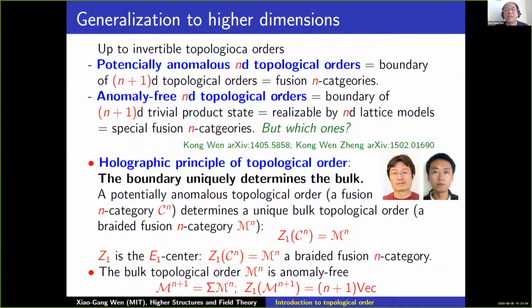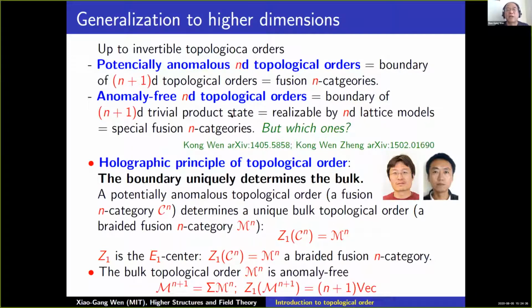The bulk topological order is also described by some kind of category, which is a braided fusion category. Mathematically, this principle means there is a functor, the Z1 center, that maps the fusion N category to a braided fusion N category. This braided fusion category is non-degenerate, so the bulk is trivial. So this is anomaly-free.